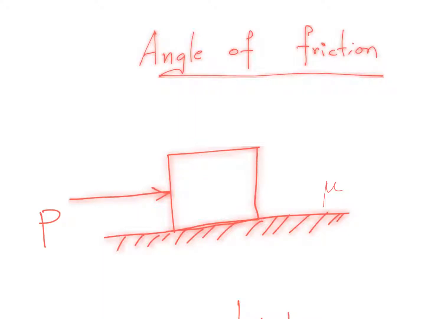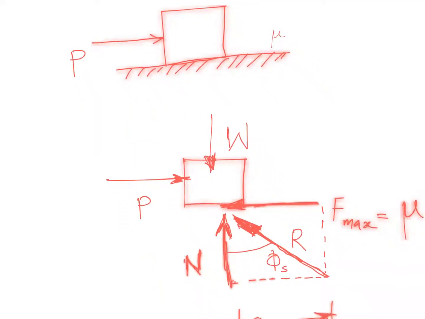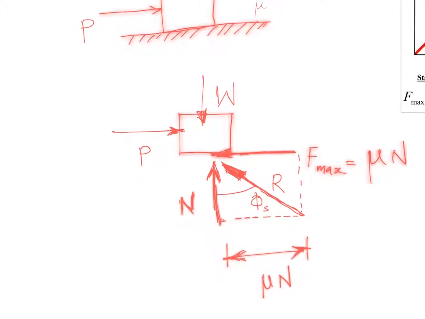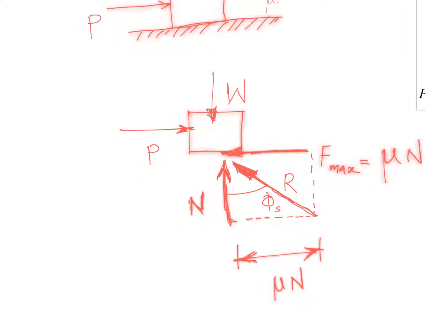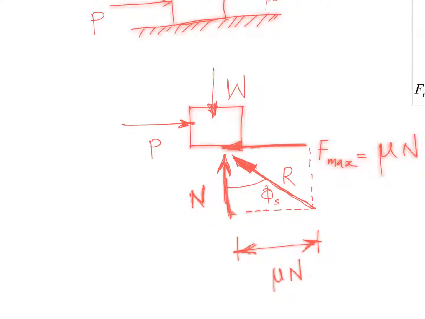So when you apply a very small amount of force, the object won't move because of the frictional force. At some point of time, the object will start to move. That is called the point of impending motion, isn't it? If we draw the free body diagram at that location, it will look something like this. So here I have the weight of the object acting, here I have the external force, here is the normal reaction, and here is the frictional force.